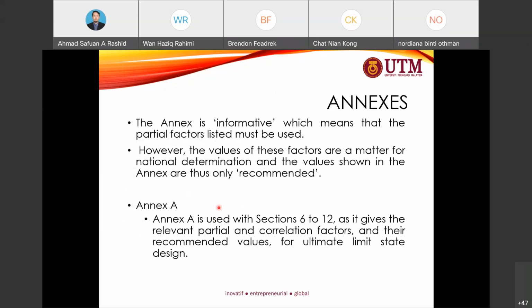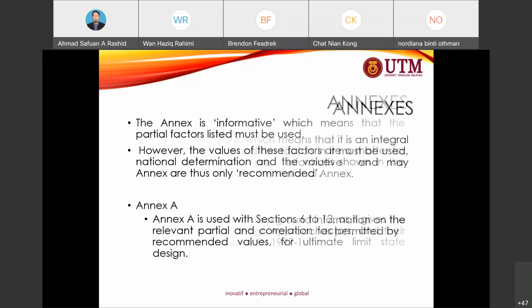For the annexes, we have Annex A until Annex J. Annex A is used in sections 6 to 12 as it gives the relevant partial and correlation factors and their recommended values for ultimate limit state design.